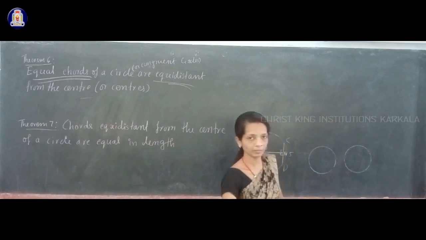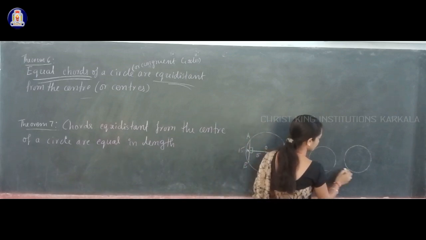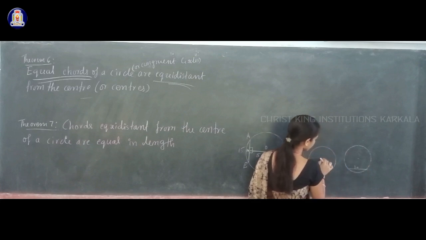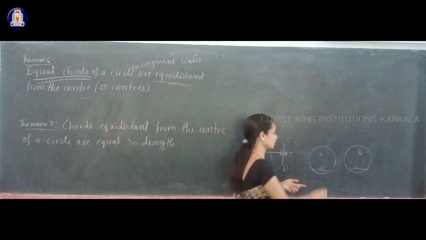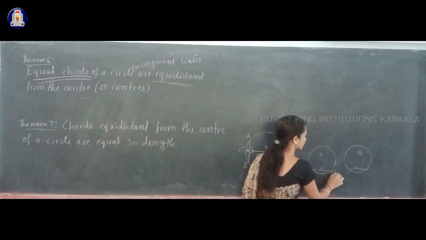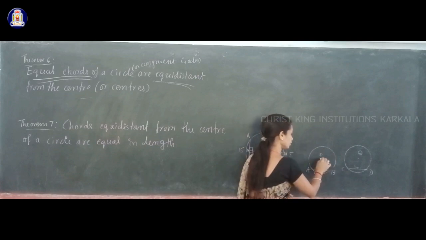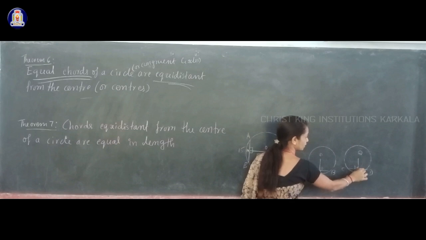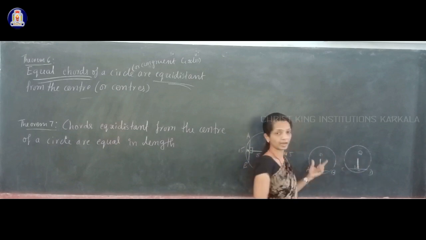Suppose you take two equal chords, say 10 centimeter chords, in these two circles, and I take the center of one circle as P and the center of the other circle as Q. If I name the chords AB and CD, then these two chords are equidistant from their centers. So if I draw PM perpendicular to AB and QN perpendicular to CD, then PM as well as QN are equal.